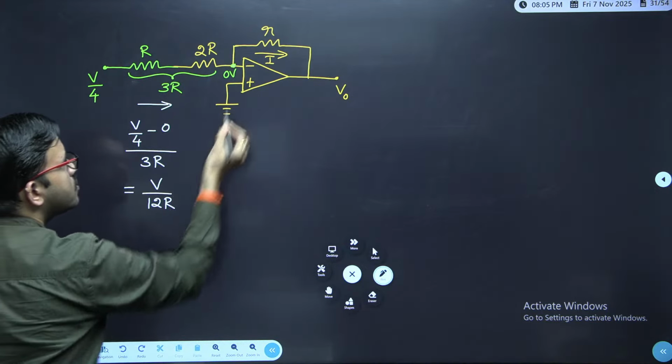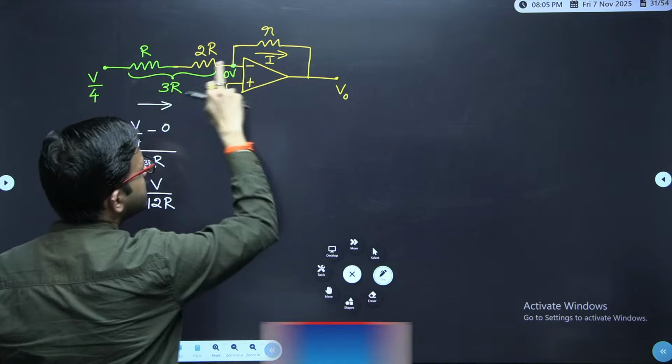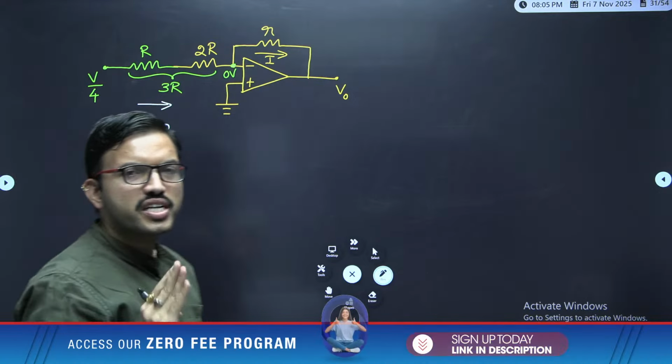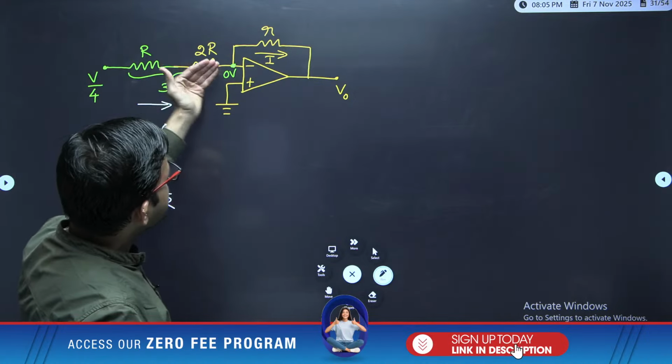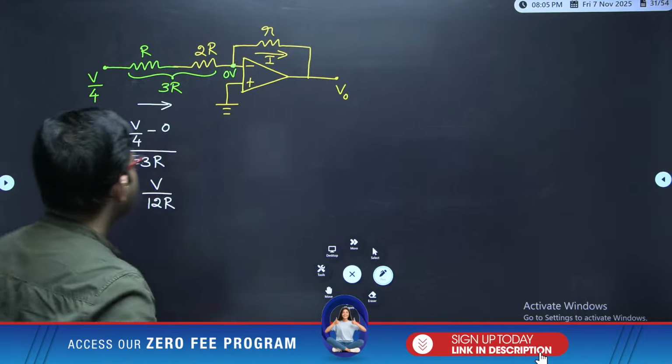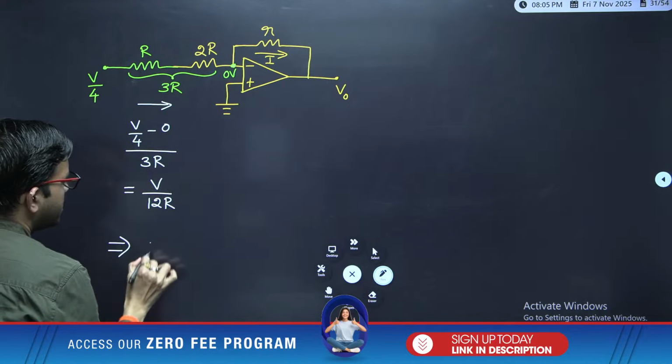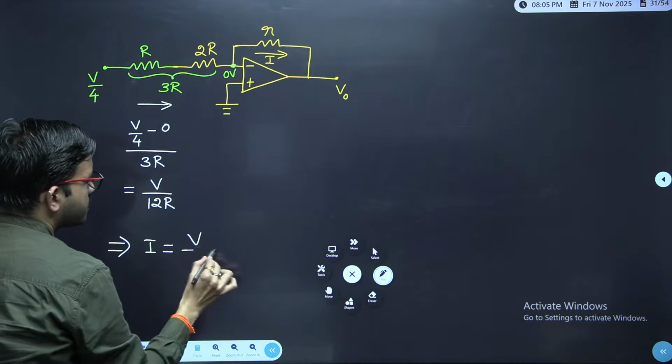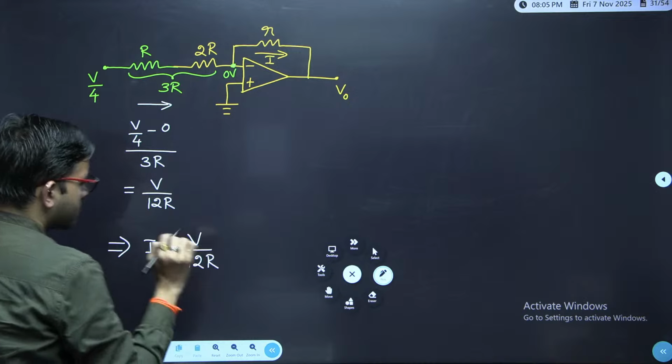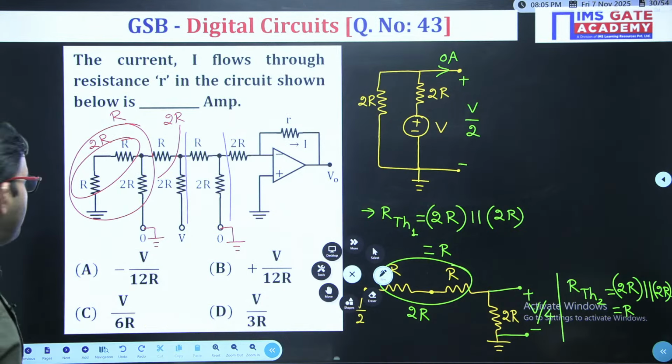Since no current flows into the input terminal of the op-amp, whatever current is entering, the same current is going. That means I equals V by 12R, which is option B.